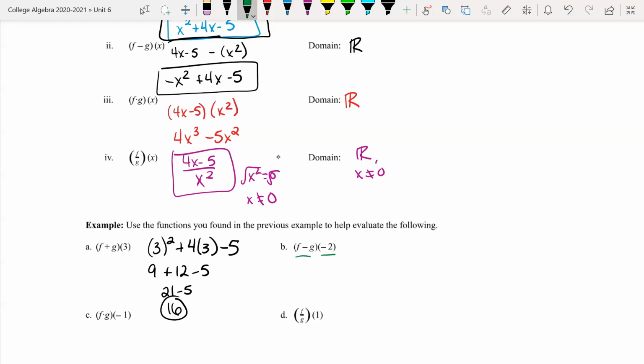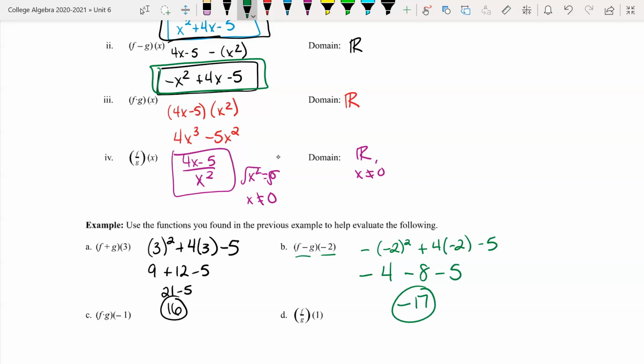F minus g of negative 2, again, we found f minus g. Let's plug in negative 2. So negative 2 squared plus 4 times negative 2 minus 5. It's going to be a negative 4 minus 8 minus 5, which would be negative 17. Same thing. I've already found f times g, but now I'm going to plug in negative 1.